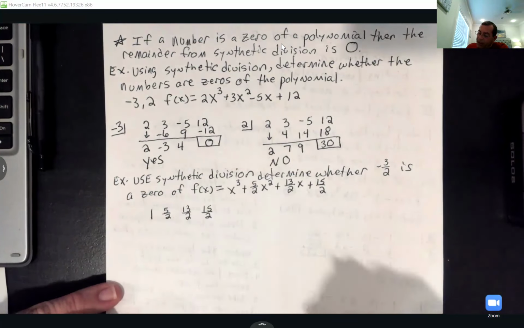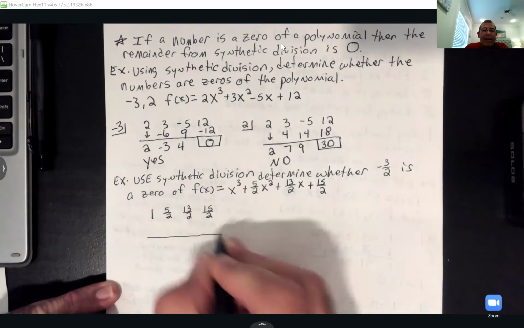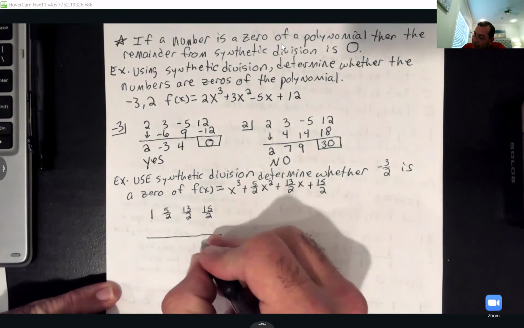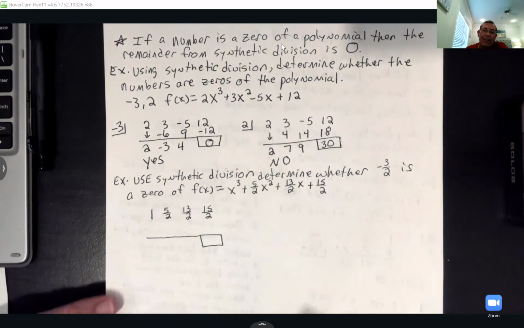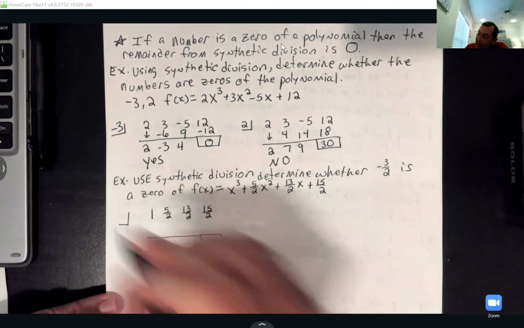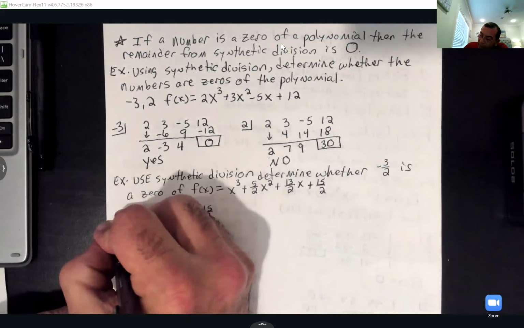Those are my coefficients. So let me draw my line. I'm going to make it a little wider this time because I got fractions here, just in case I got to throw fractions in here, okay? Now, our C they gave us was a -3/2.